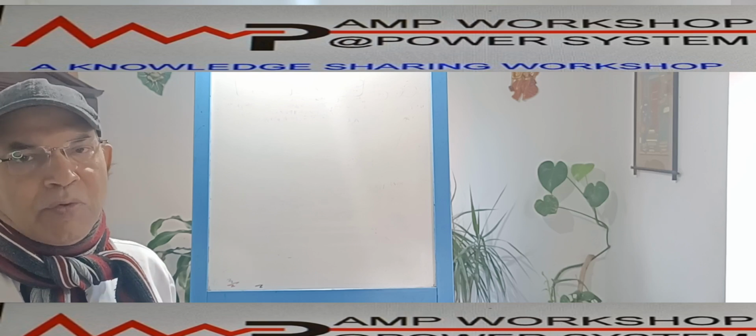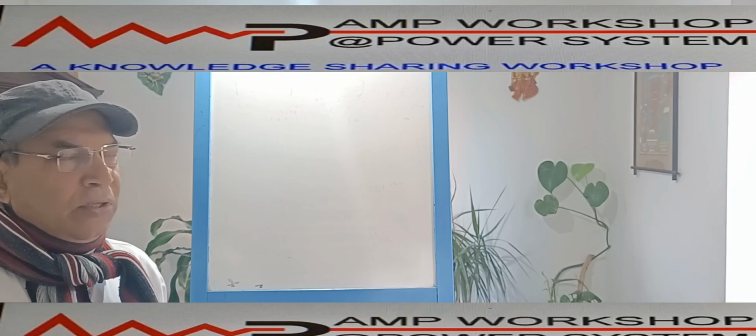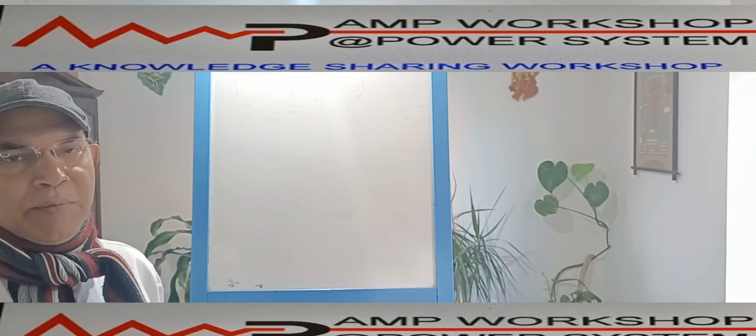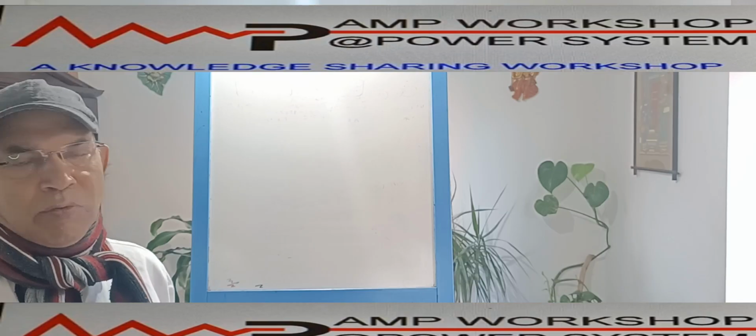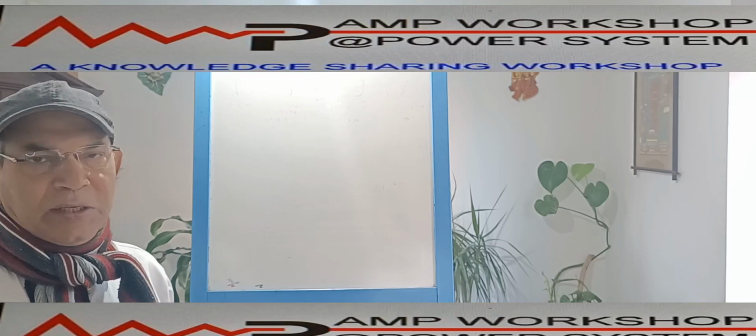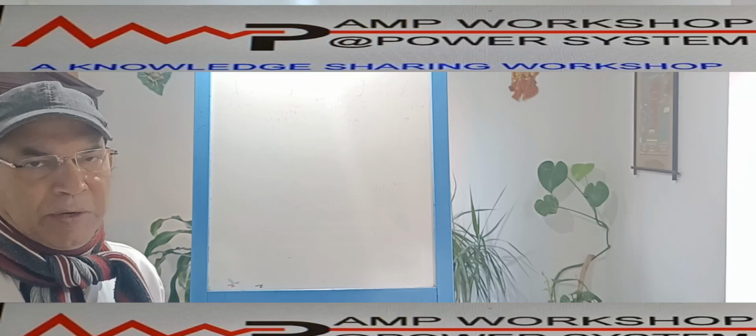But just to give a quick view, so that during this engineering review we can refresh our memory about the working principle, we'll briefly discuss these two aspects in two separate videos.